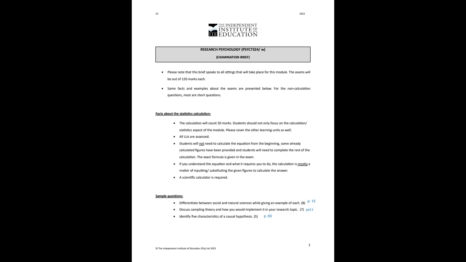But bear in mind that this module was reassessed and restructured a couple of years ago, so the older the papers are, the vastly more different they are. Anything before 2019 and even some of the 2019 paper is irrelevant to you because of the way your module has been restructured.